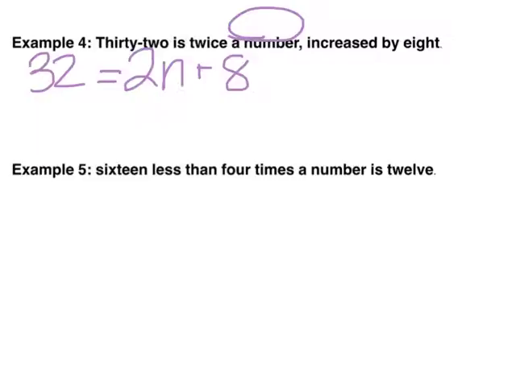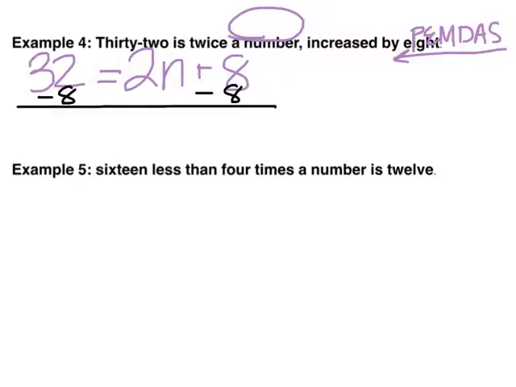This is where we do PEMDAS, but in reverse order, so we start with addition or subtraction. We subtract both sides by 8. 32 minus 8 is 24, equals 2n. We've done addition or subtraction, so we move on to multiplication or division.